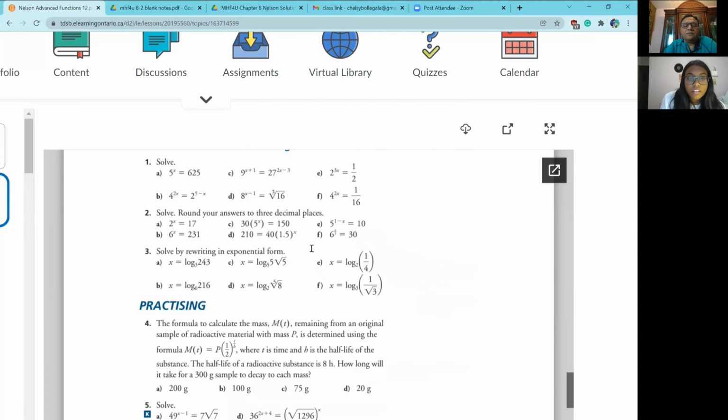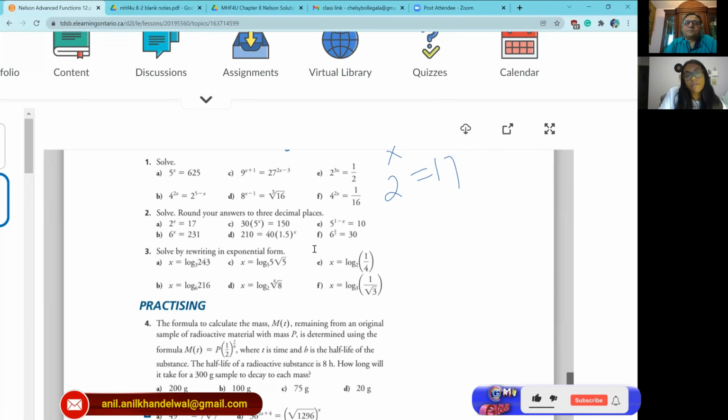Question number 2, rounding. Okay, we'll round it. So 2 to the power of x is 17, right? So how will you solve for x? For this, we can't make the same base, right? Take log both sides.